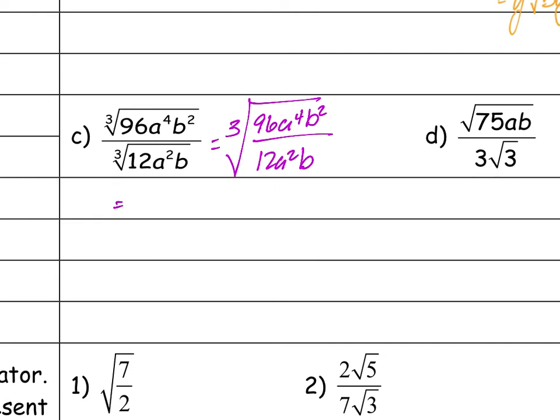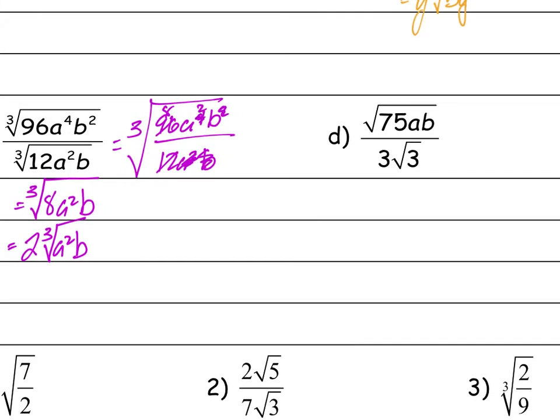So this goes in there 8 times. The a squared on the bottom goes away and I get left with a squared on the top. The b on the bottom goes away, I get left with 1b. So I get the cubed root of 8a squared b. So the cubed root of 8 is 2. And then I have the cubed root of a squared b.